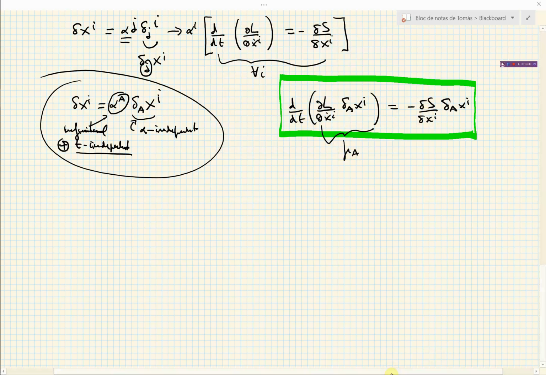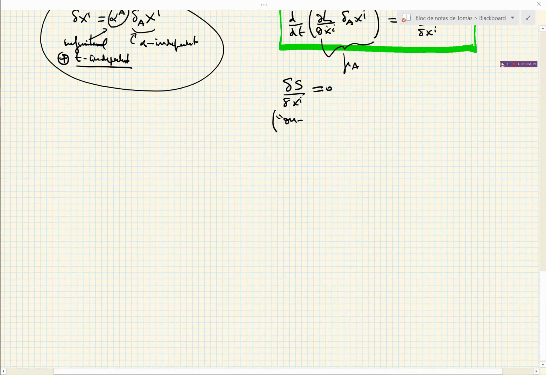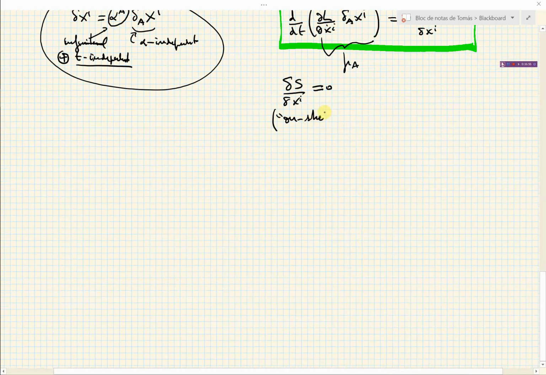So if delta S with respect to delta x_i is 0, when the equations of motion are satisfied, we will also call this on shell, then you have that P dot a is 0 for all these indices a. As many conserved quantities, as many constants of motion as independent parameters in the transformations.